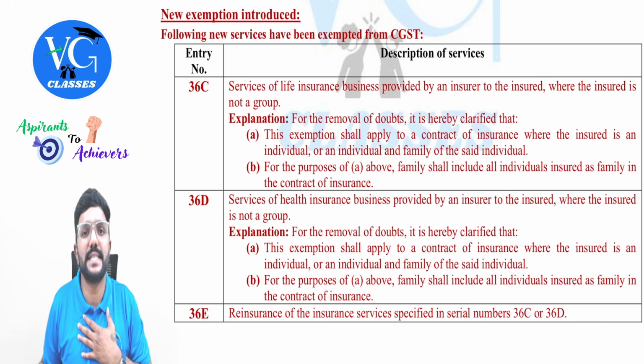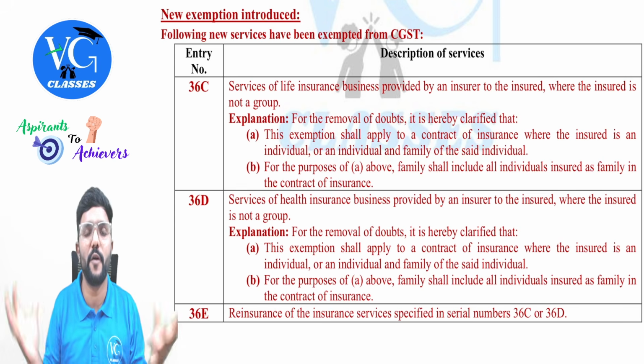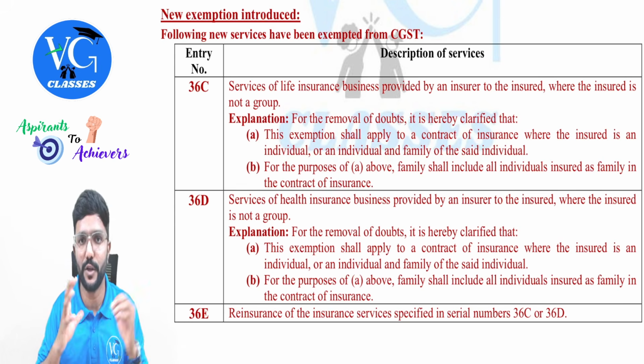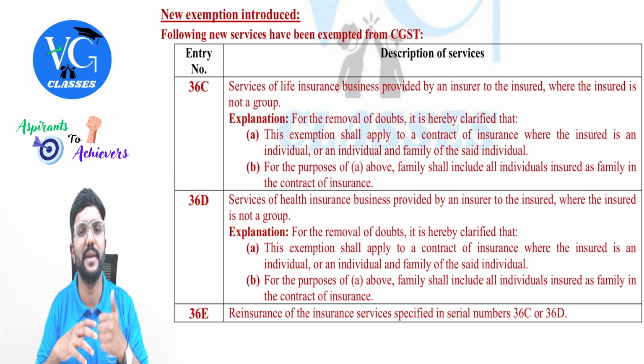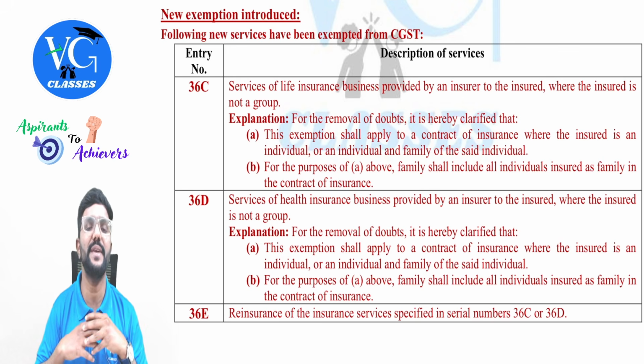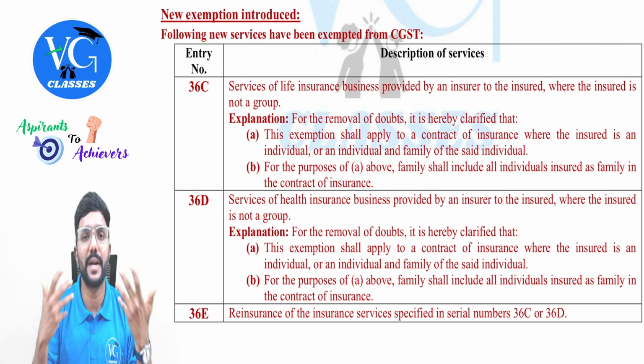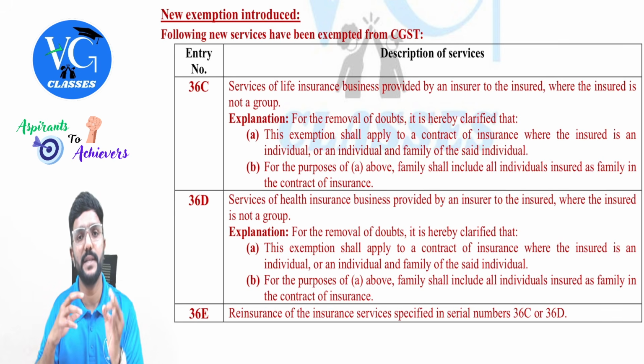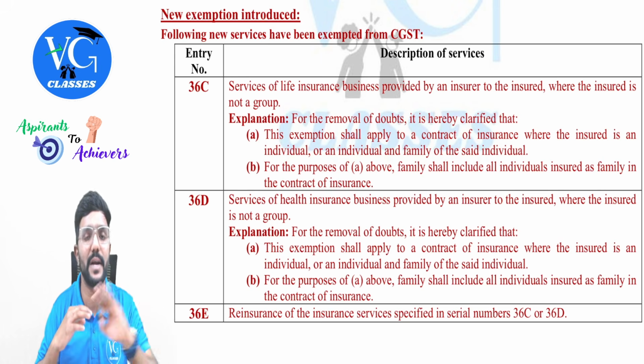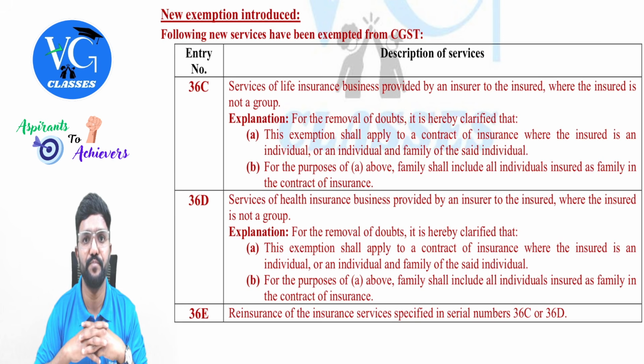So if the employer is taking a policy in the name of all the employees or group of employees, then exemption is not available. Same way as I explained, in case of association or partnership taking the policy in the name of members or partners, or even sometimes the employee union or labor union might take a policy in the name of various employees or laborers. Even in such case, exemption is not available, guys.